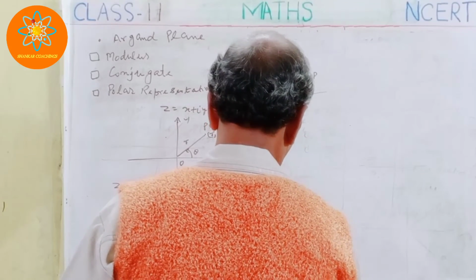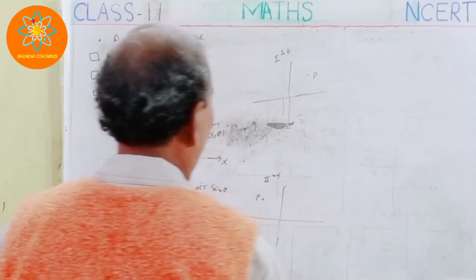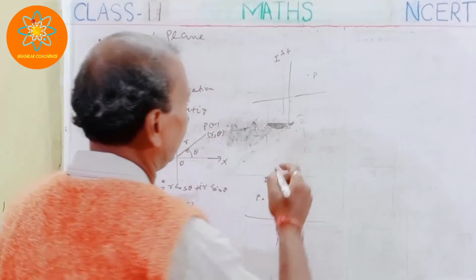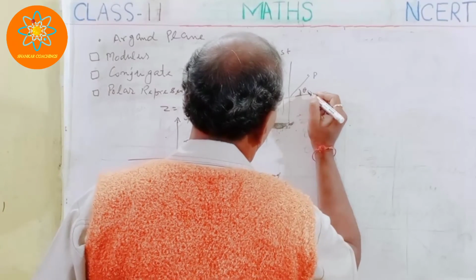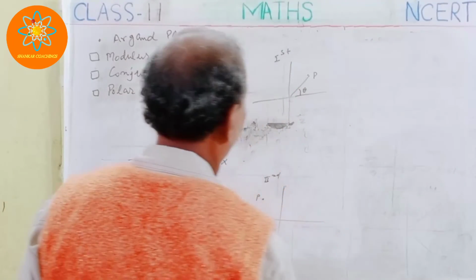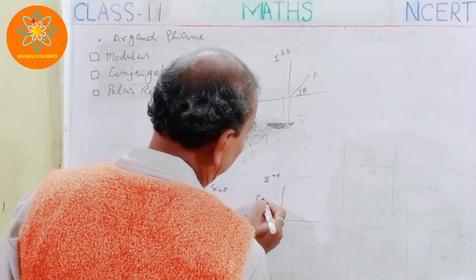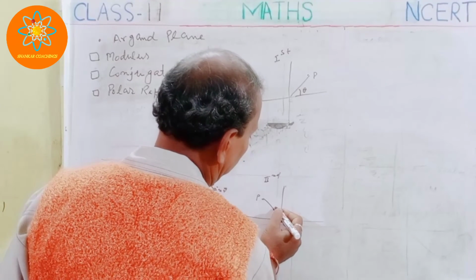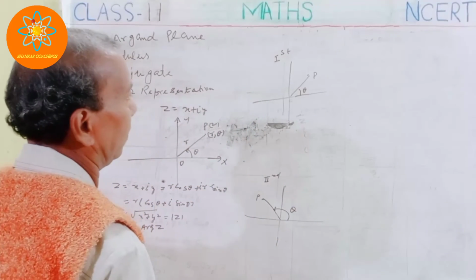If it is in the interval 0 to 2 pi, the value of theta is this much, and when P is in the second coordinate, the value is also theta.